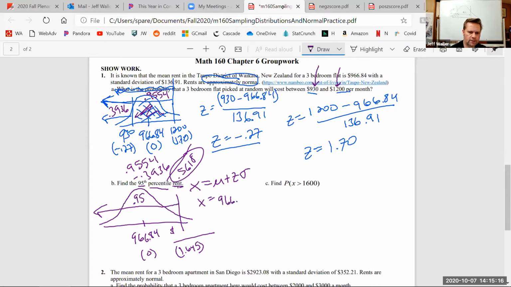So it'll be 966.84 plus 1.645 times, what was the standard deviation? There it is, 136.91. So I just got to throw that into the calculator.